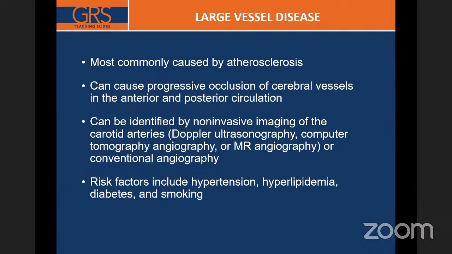It can be identified by non-invasive imaging of the carotid arteries, either Doppler ultrasound, CT angiography or MR angiography, or conventional angiography. Risk factors include hypertension, hyperlipidemia, diabetes, and smoking.